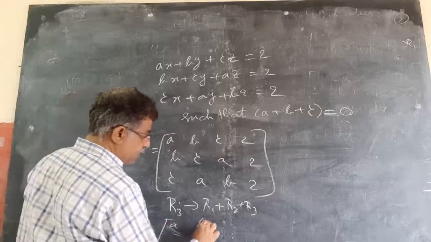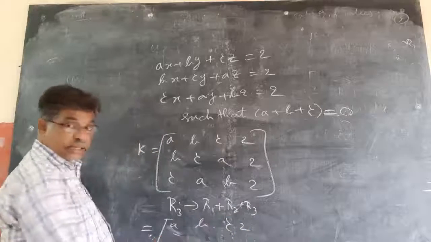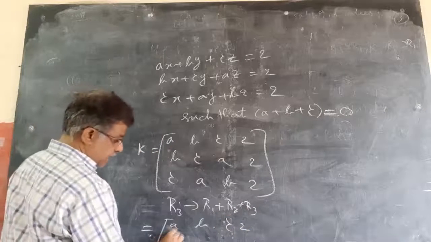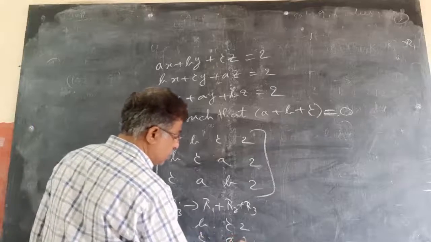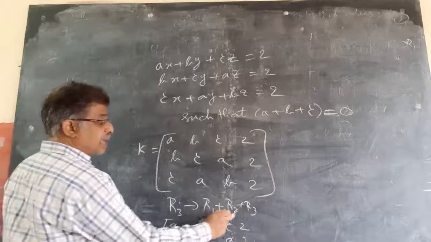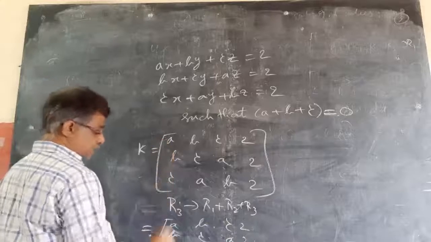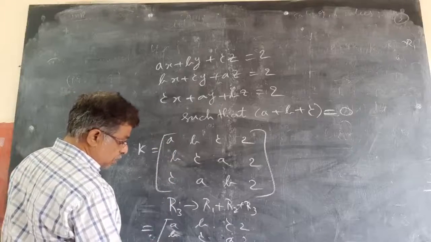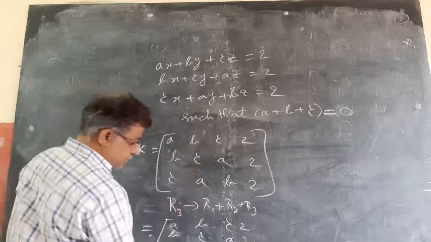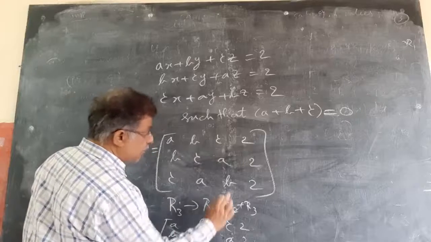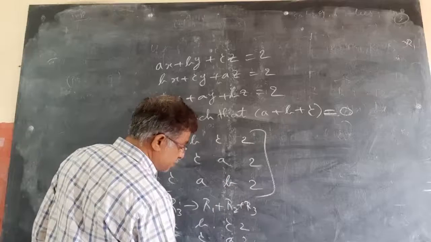A, B, C, 2 and this is B, C, A, 2. Now I am adding R1 plus R2 plus R3. This is a plus b plus c, here also a plus b plus c, here also a plus b plus c.